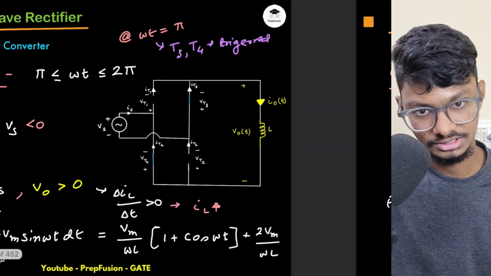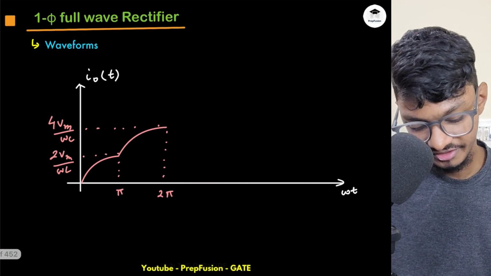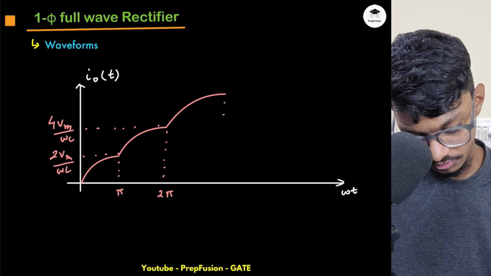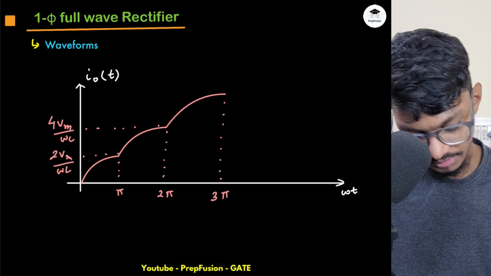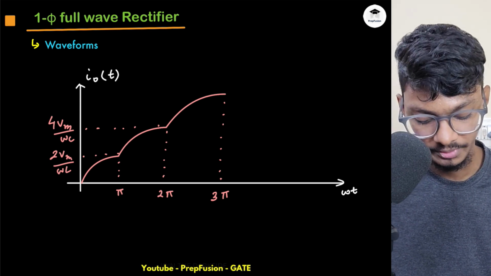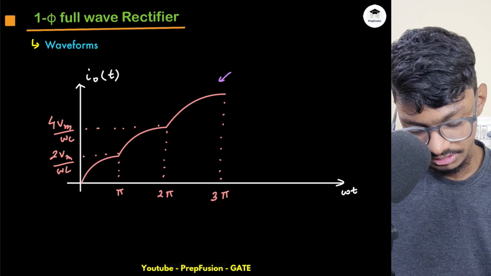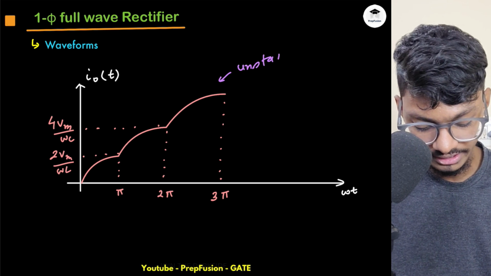So every pi period, the current is increasing by 2 Vm upon omega L. This is 3 pi, and it will be 6 Vm upon omega L, and it will keep on increasing. Hence it is unstable, and obviously it is not possible for an inductor to carry an infinite amount of current.